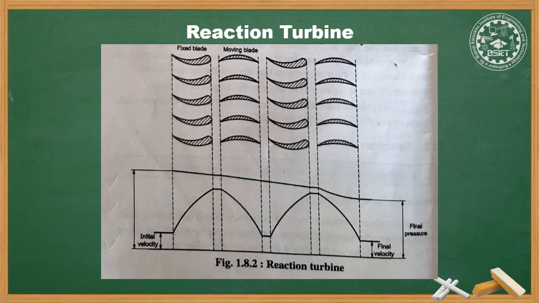A pressure drop occurs both at the stator and the rotor, with steam accelerating through stator and decelerating through rotor. No change in steam velocity across the stage but decrease in both pressure and temperature reflect the work performed in driving of the rotor. The pure reaction type turbines are not used practically.